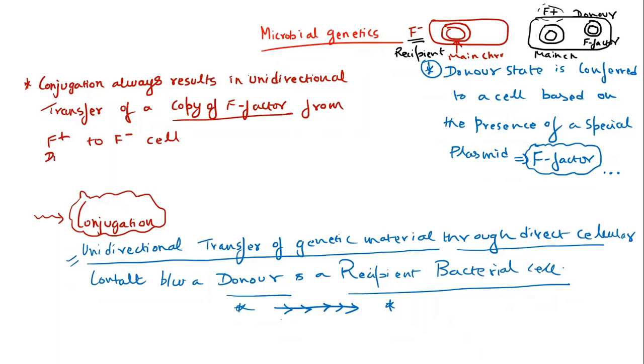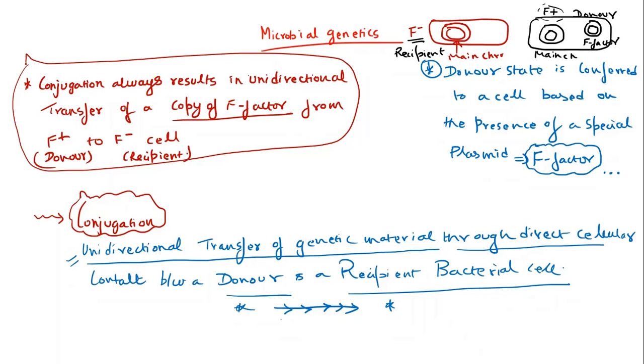That is, from the donor to the recipient cell, right? So conjugation always results in a unidirectional transfer of a copy of the F factor from the F plus, that is the donor, to the F negative, that is the recipient cell, right?